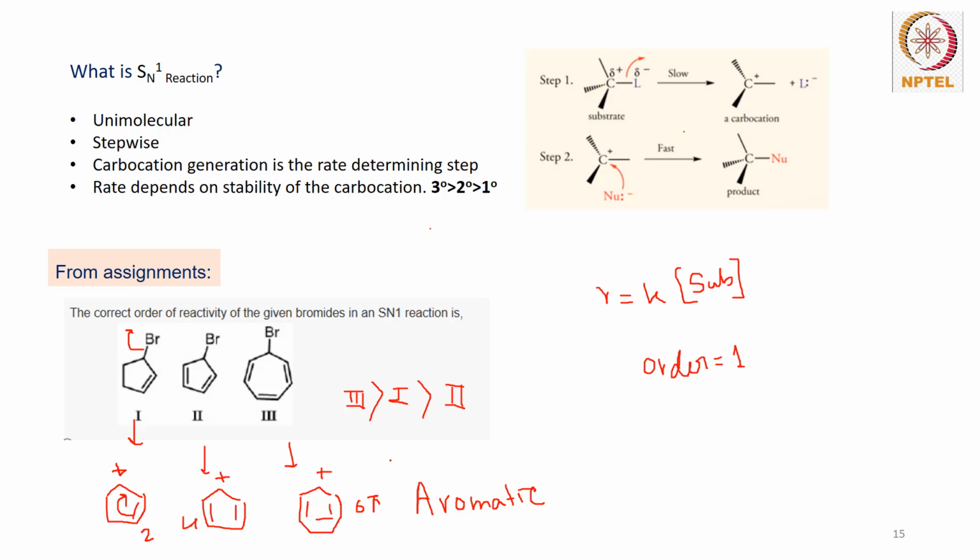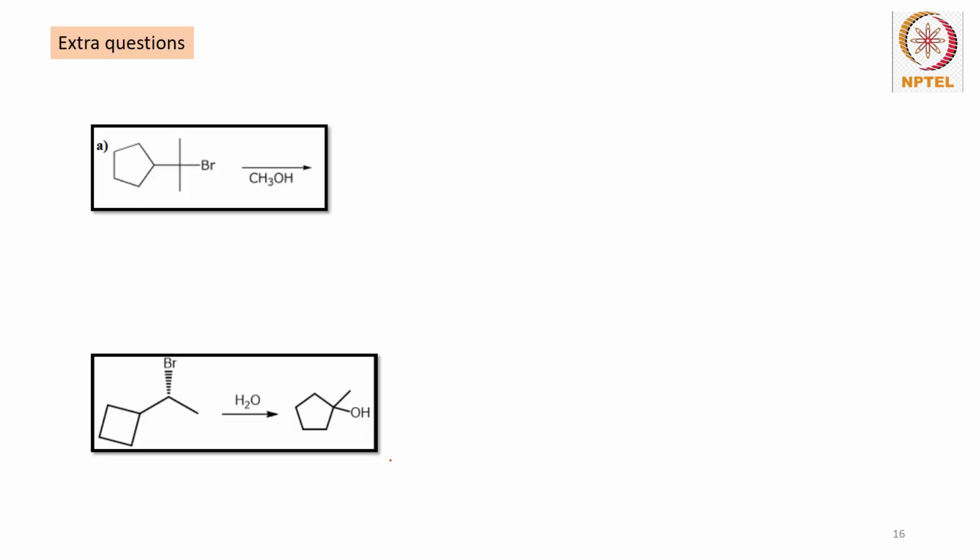Okay, I think it's clear. So this is the last slide of our session, almost like there is some extra question. Try to solve. There is no option. You have to draw the product. You can't send me the product, but just try. As you see, there is methanol and bromide.